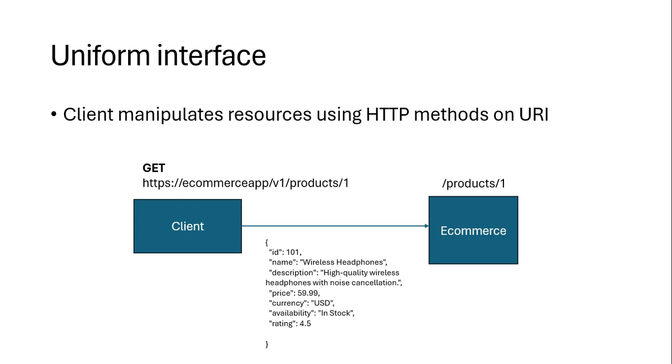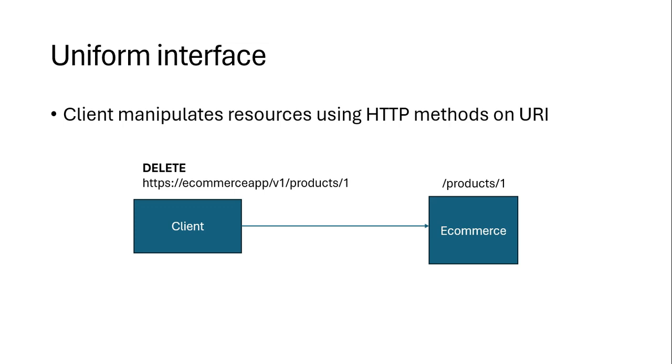We can use different methods for different purposes. For example, here we can use a GET method over the HTTP protocol to get the information, or you can use a POST method to create a new resource, a PUT method to update a resource, or DELETE to delete any resource in the application.